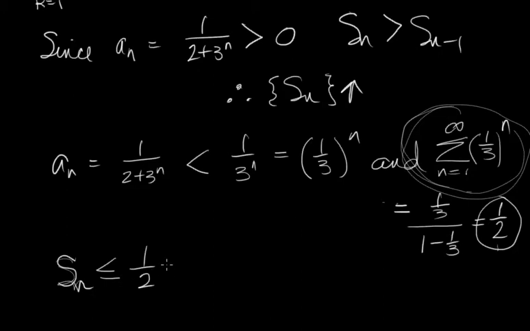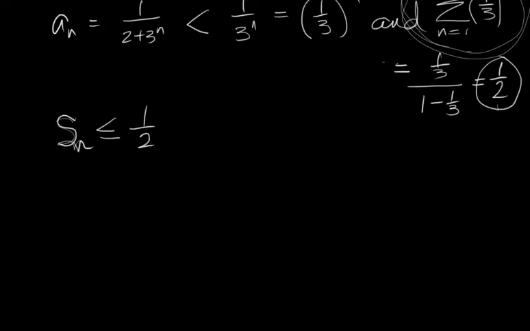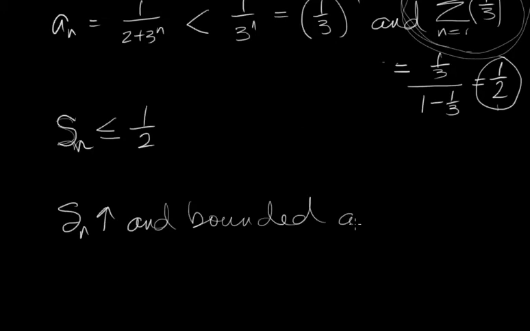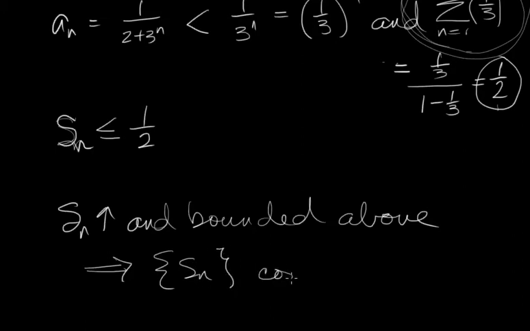So this gives us that Sn is increasing and bounded above, which implies that the sequence of partial sums converges.